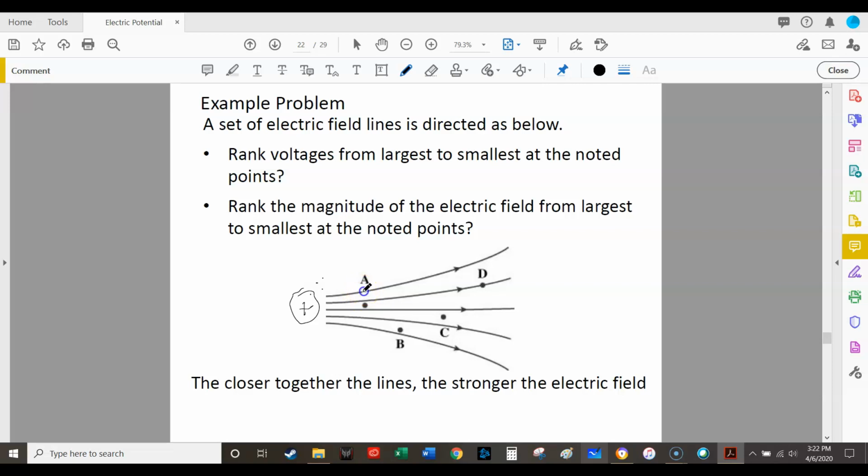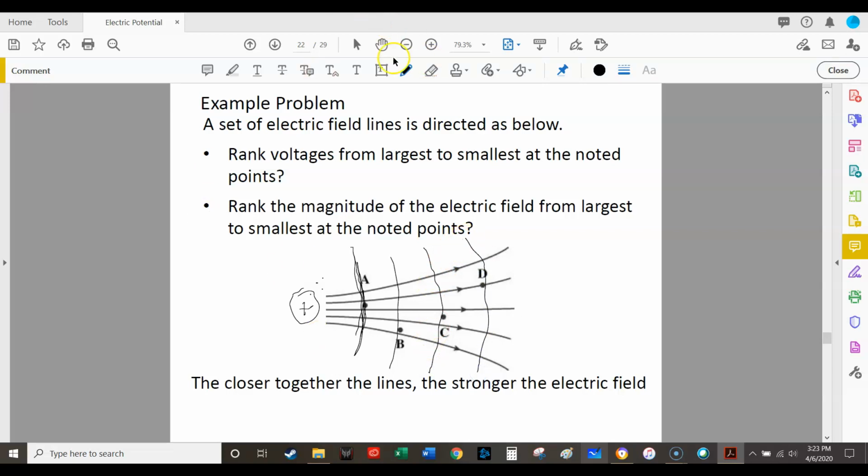Well, if that's true, then this voltage line right here is closest to the proton, and since voltage is inversely proportional to distance, the closer I am, the higher the voltage. And then it's going to drop off a little bit, and it's going to get a lot more spaced, and then a lot more spaced.